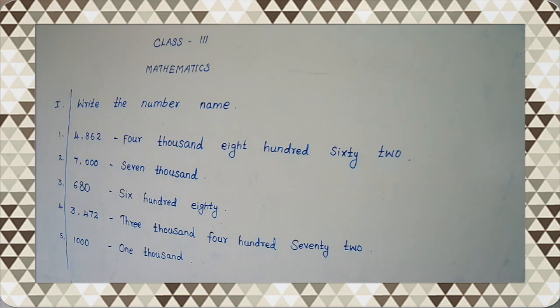S-I-X, 6. H-U-N-D-R-E-D, 100. 600. E-I-G-H-T-Y, 80. 680.